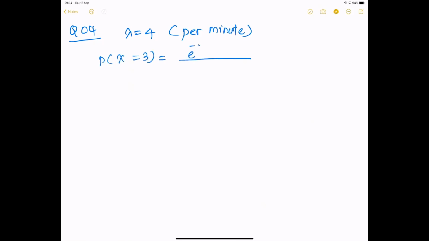You have to write the equation clearly: e to the power minus lambda, lambda to the power x, divided by x factorial. So e to the power minus 4, 4 to the power 3 divided by 3 factorial. The probability should be approximately 0.1954. You can simplify this by using a calculator.